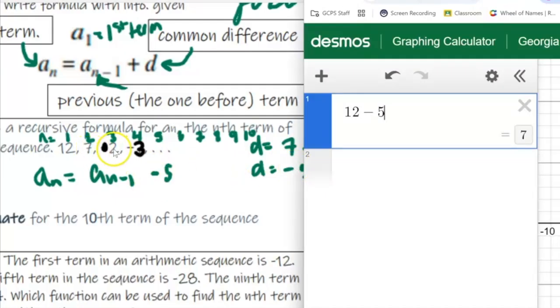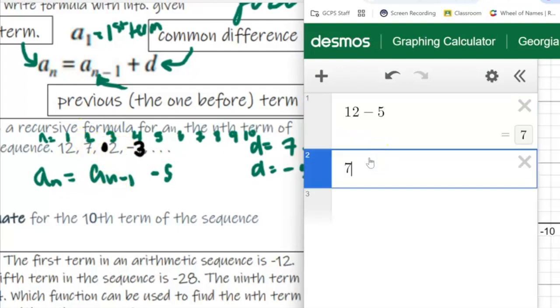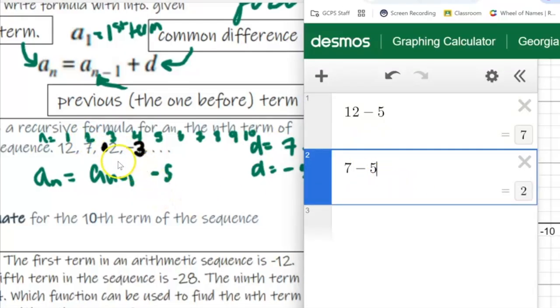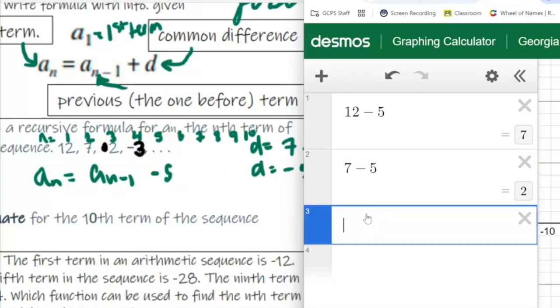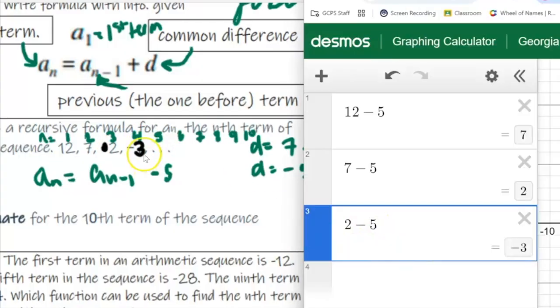All right, then I'm going to start here. It says take the previous term, which is the one before, then subtract 5. It should give you this. So the previous term is this, minus 5. It does give me 2. All right, so to find this number, I take the next one, the previous one to that, which is 2, subtract 5, I should get this. So 2 subtract 5 is negative 3.